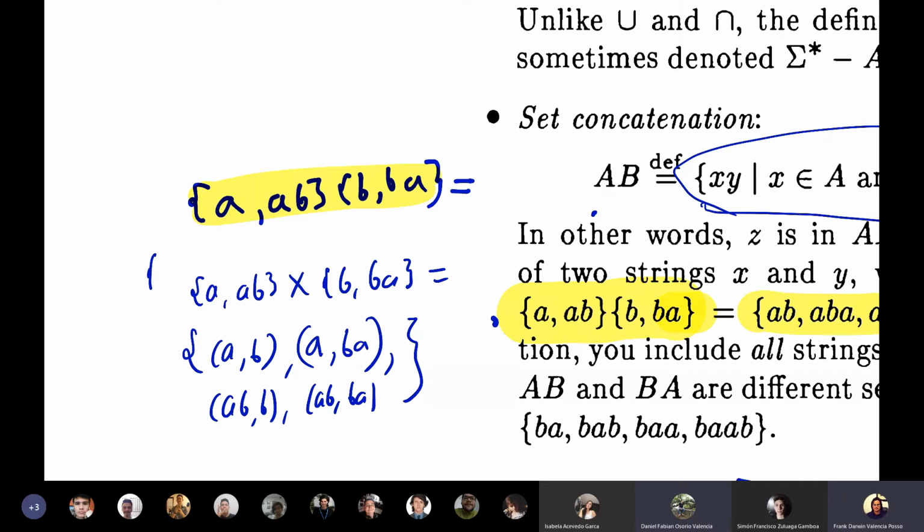Okay, so as you can see, these are different sets. In the Cartesian product, the elements are pairs of strings. In the concatenation, the elements are strings.